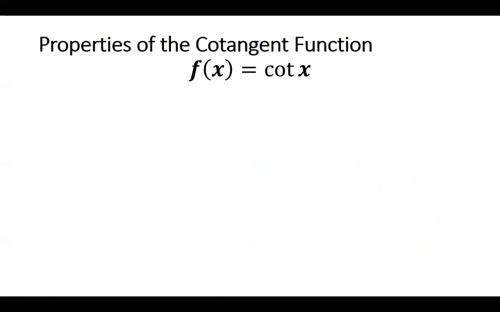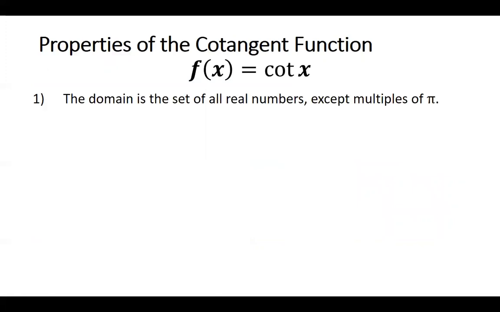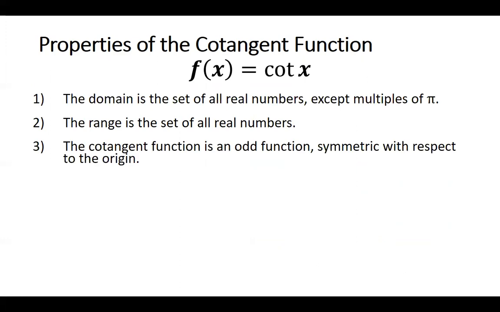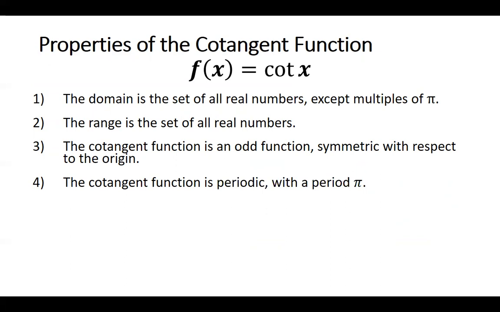Properties of the cotangent function, f of x equals cotangent x. The domain is the set of all real numbers except multiples of pi. The range is the set of all real numbers. The cotangent function is an odd function, symmetric with respect to the origin. Now notice it didn't pass through the origin, but it was symmetric with respect to the origin. The cotangent function is periodic with a period of pi. Remember, that's the fundamental period.